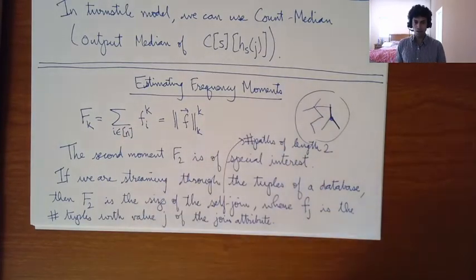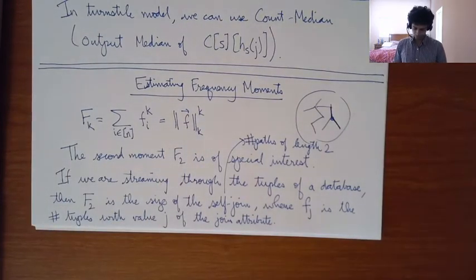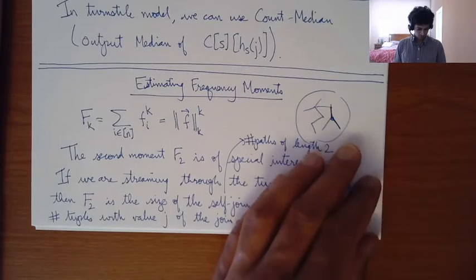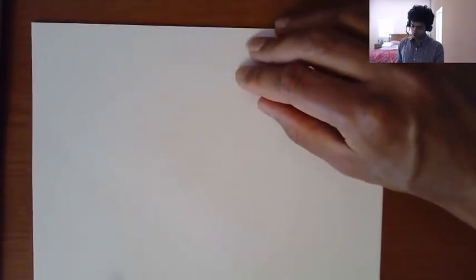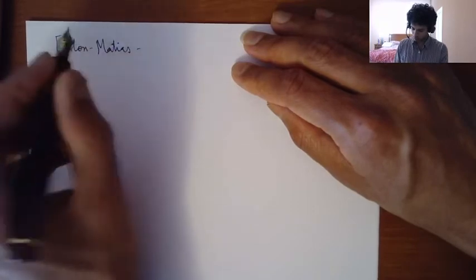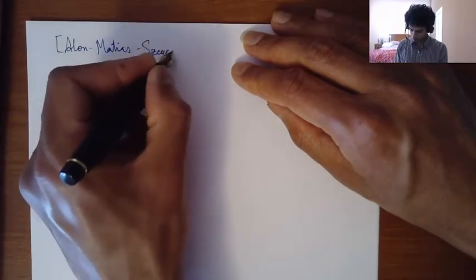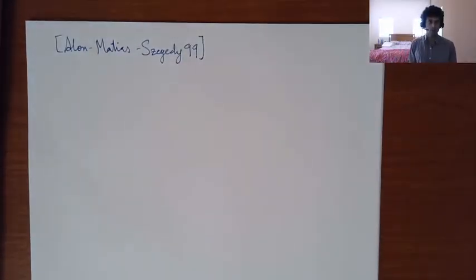Okay, any questions on what the problem is? This problem and the algorithms that I'm going to discuss were introduced in a seminal paper by Alon, Matias, and Szegedy in '99, who gave streaming algorithms for estimating the frequency moments.